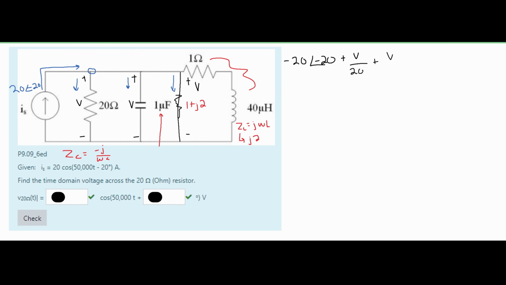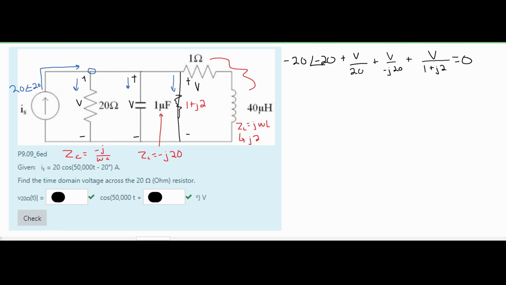We need to convert this to farads, so we will have 10 to the -6. And this will give us a Z of C of -J times 20. So we will have that our V is over a -J times 20. And for the last parallel part, we will have our V divided by 1 plus J times 2. And this will all be equal to 0.